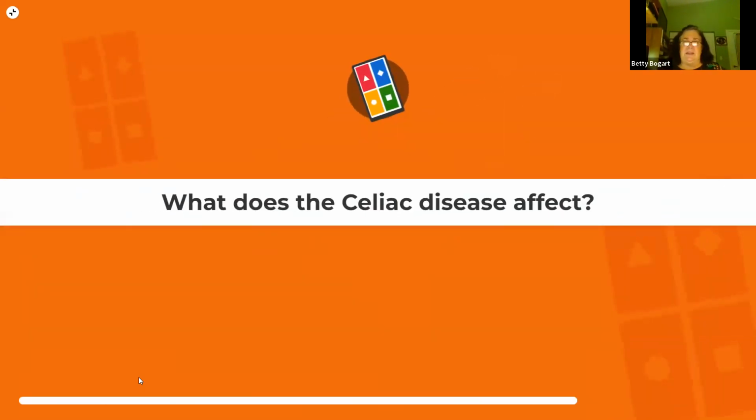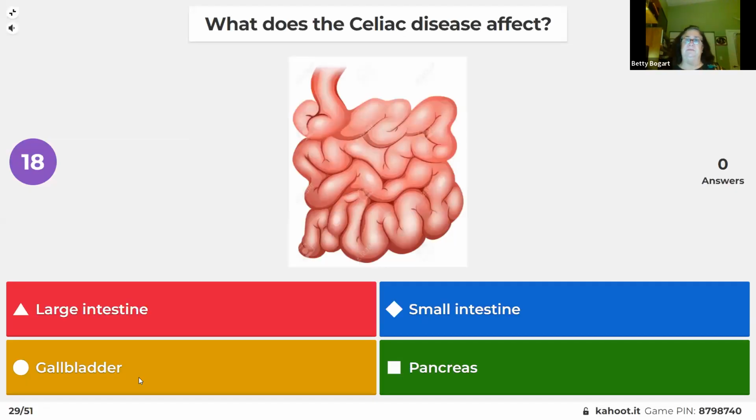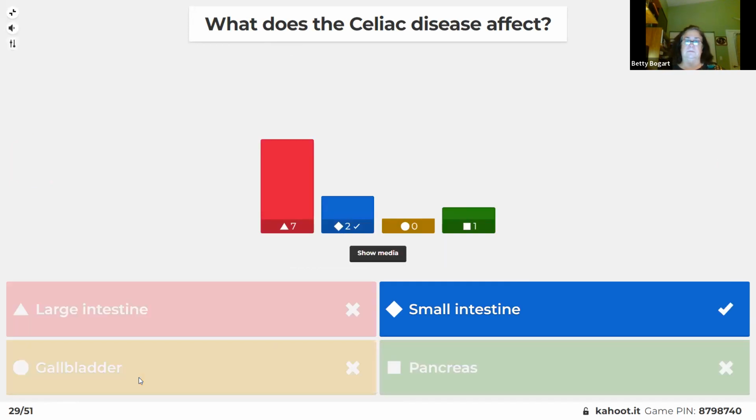What does celiac disease affect? So celiac disease is small intestines. Okay, let me bring you back and stop you from thinking large intestines. Celiac disease, you know that food affects it.